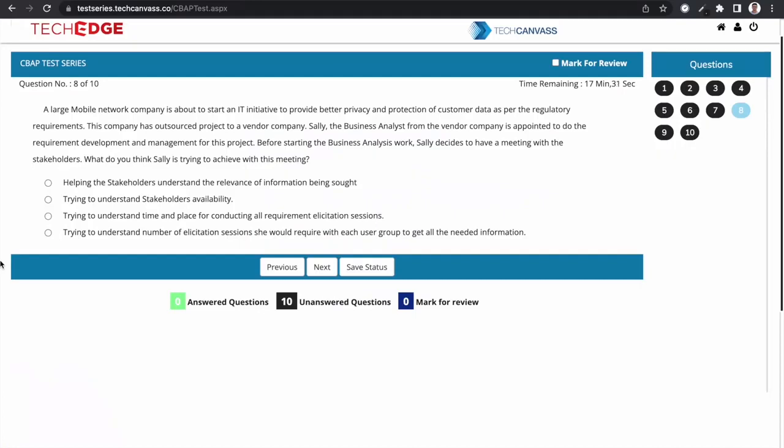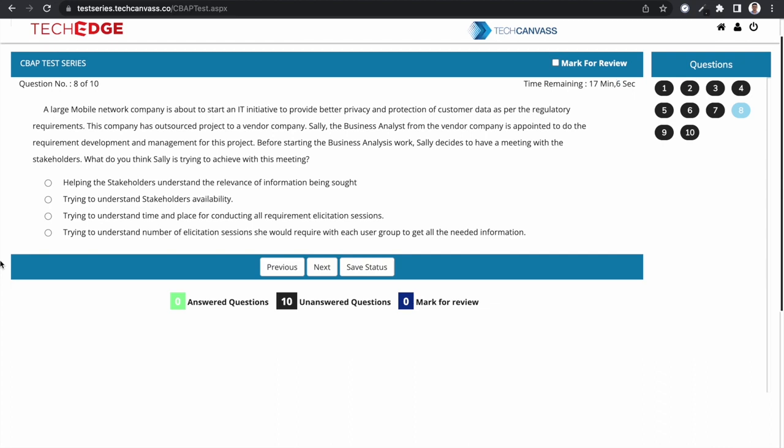Let's look into the second question. Again, from situational and scenario based. The question says a large mobile network company is about to start an IT initiative to provide better privacy and protection of customer data as per the regulatory requirements. This company has outsourced the project to a vendor company.